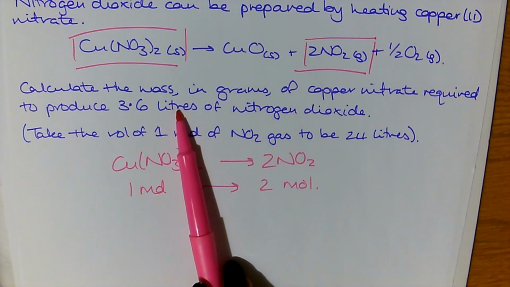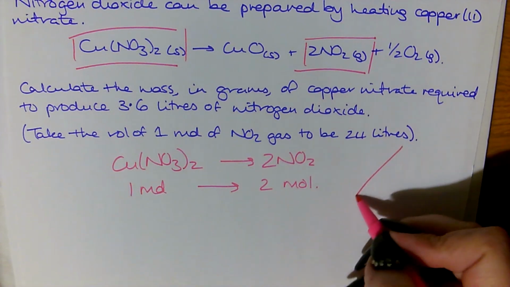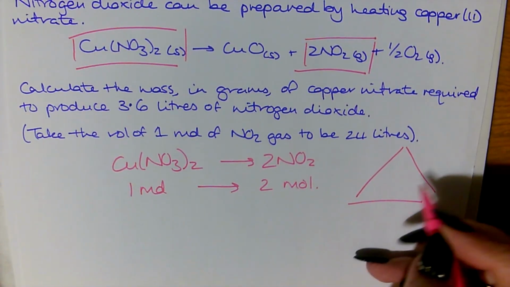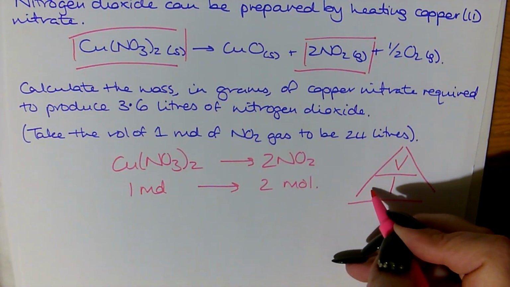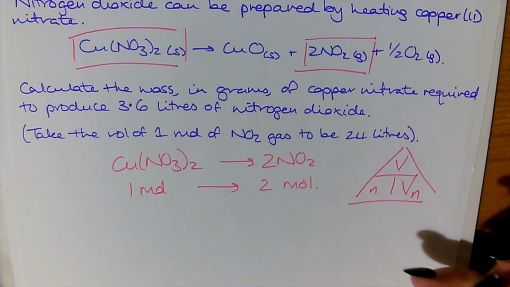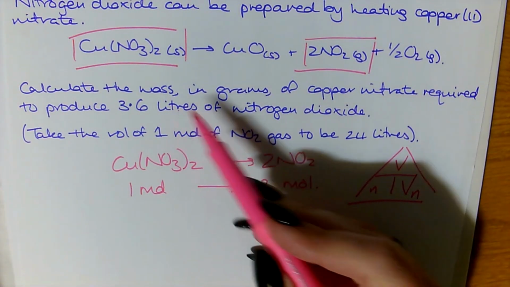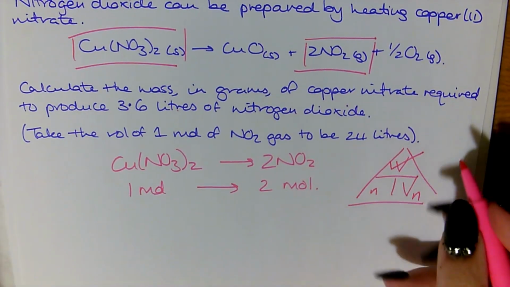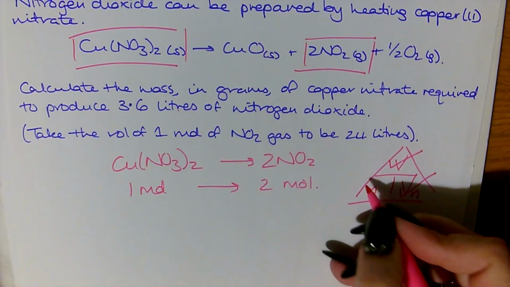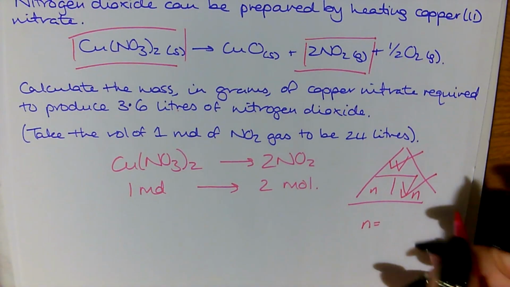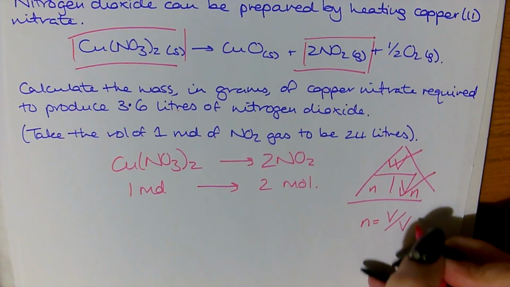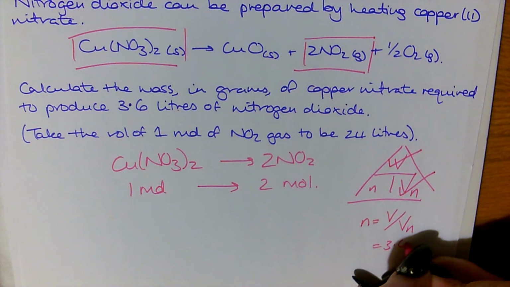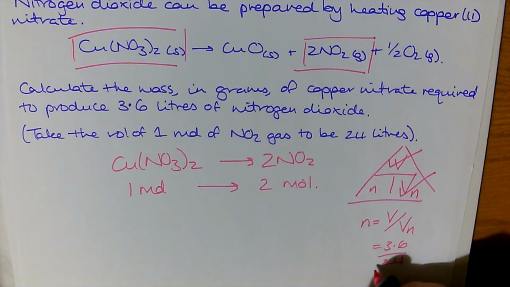We are told that we're using 3.6 litres. Again, you obviously don't need to keep drawing out this triangle once you've got the hang of it, but we can for now. So we know the volume is 3.6 litres. We know the molar volume, 24, so we can work out the number of moles. We can do 3.6 divided by 24, and that will give us a number of moles as 0.15 moles.